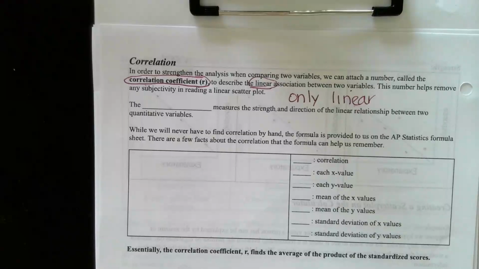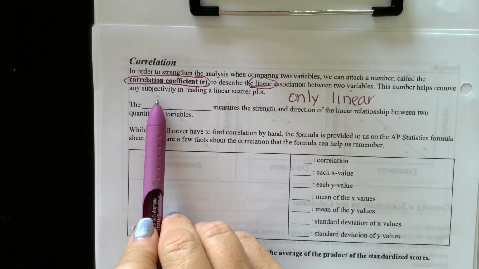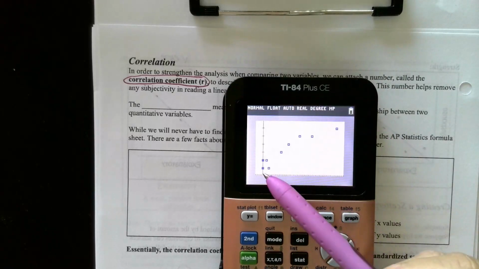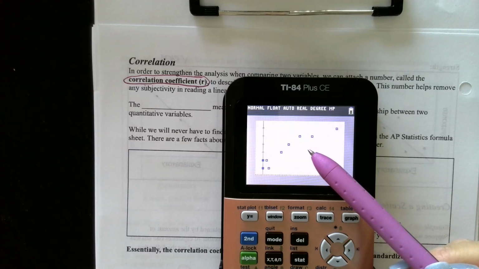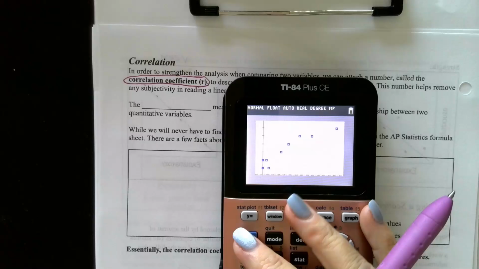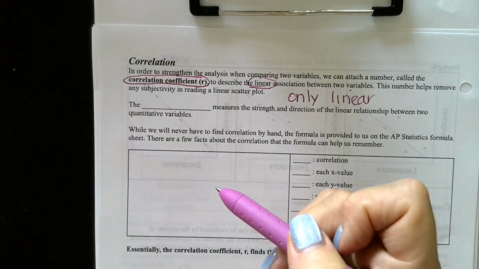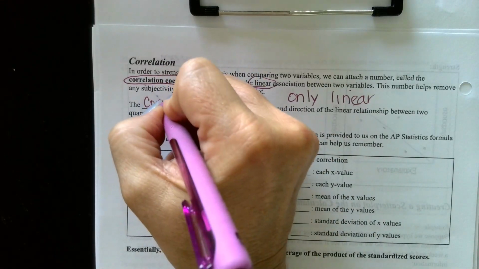You will use this only with linear graphs. This number removes the subjectivity in reading the scatter plot. A minute ago, when I looked at this, I said, yeah, this is moderately positive in strength, right? But this is going to give us an exact number so we don't have to be subjective, okay?